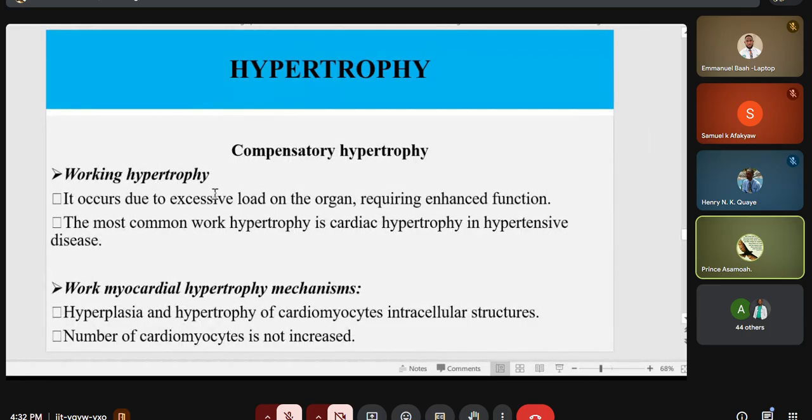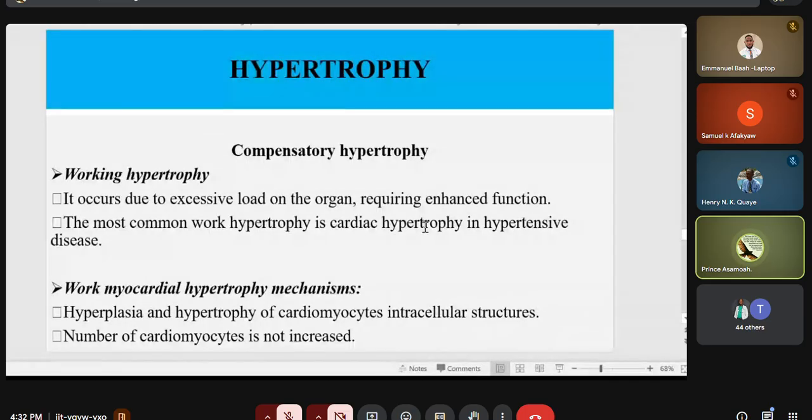So for working hypertrophy, we say it occurs due to excessive load on the organ, requiring enhanced function. The most common working hypertrophy is cardiac hypertrophy. You've been hearing a condition called left ventricular hypertrophy.